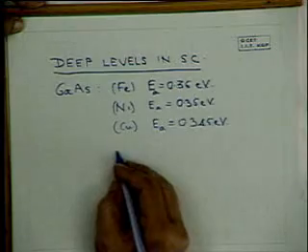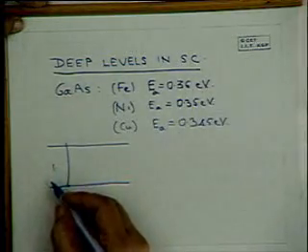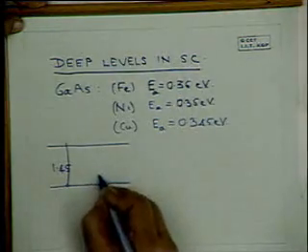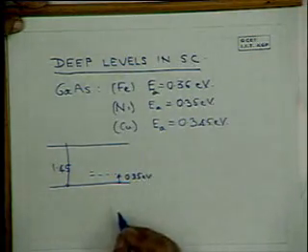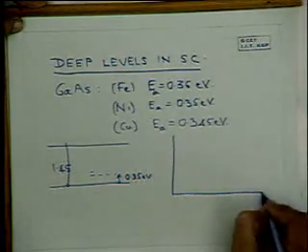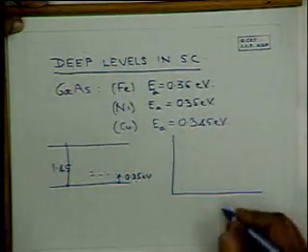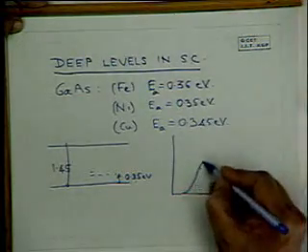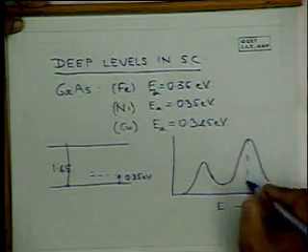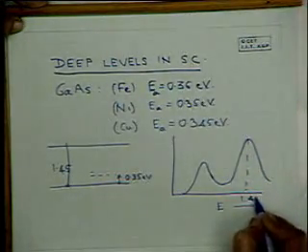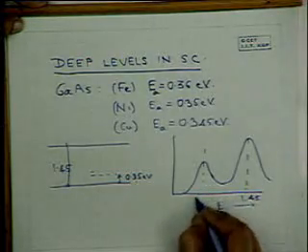So this is the band gap of 1.45 at 77K. These levels are 0.35 eV above the valence band, and as a result, if you look at the emission spectrum, if this is the band-to-band recombination at 1.45, there will be recombination due to iron, nickel, and cobalt round about 1.1 eV.